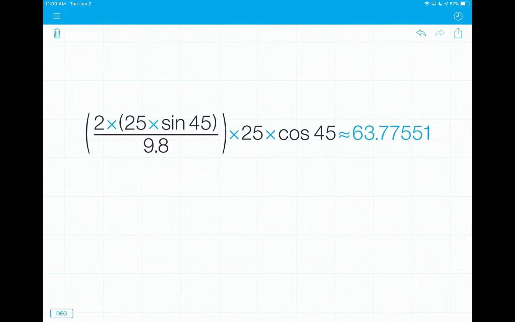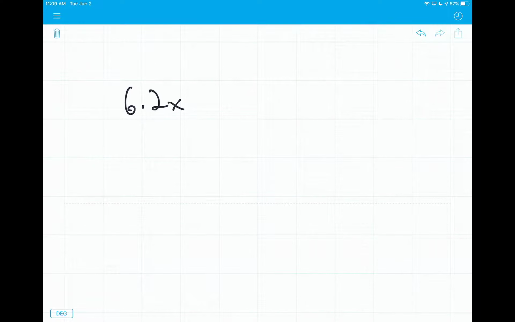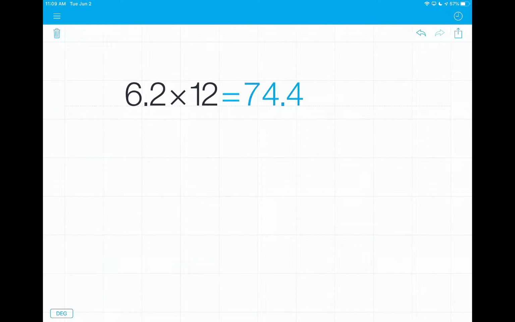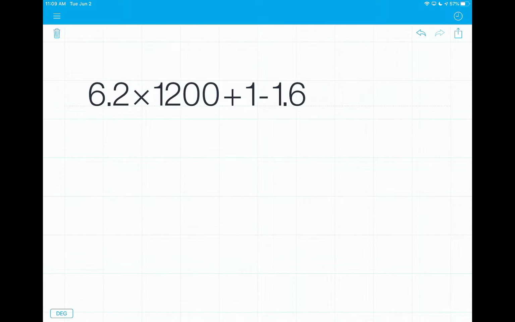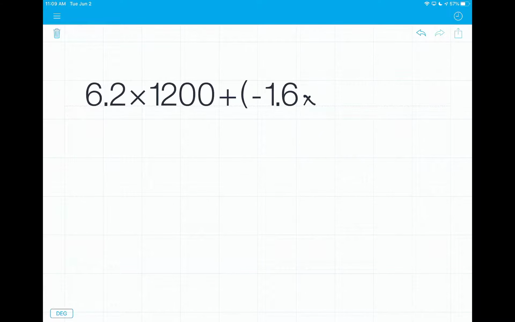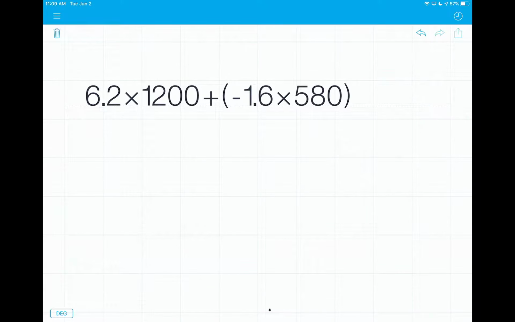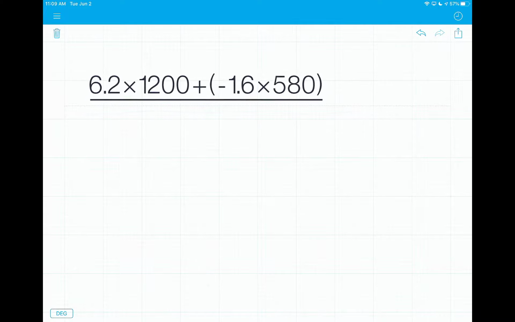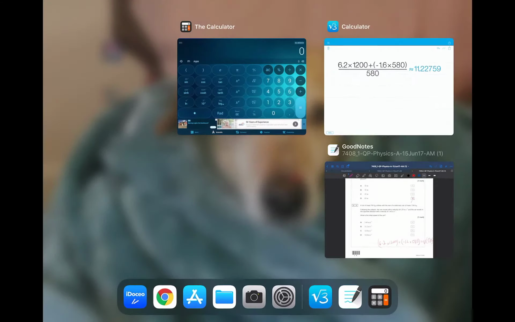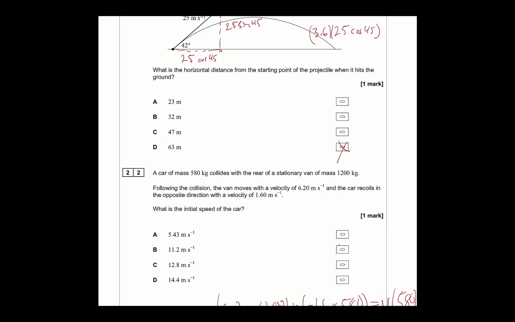So 6.2 times 1,200 plus negative 1.6 times 580, divide all that by 580, it's 11.2 meters per second.